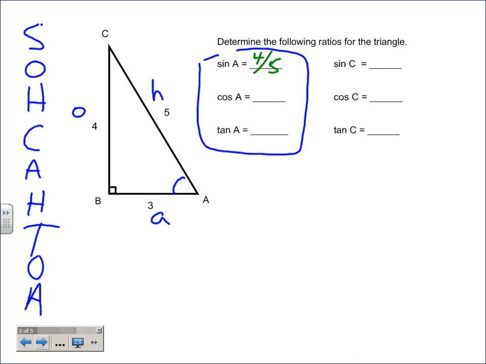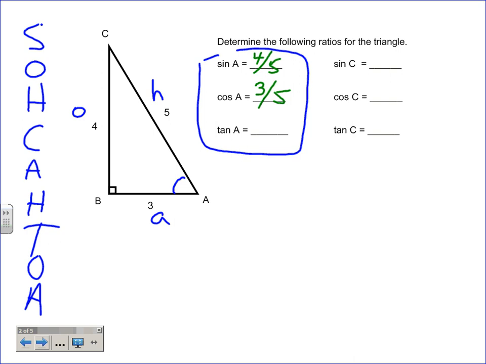Well, let's find out. Cosine here is the CAH portion, and that says A for adjacent and H for hypotenuse, correct? And so if I'm doing, again, angle A, adjacent is 3, and it says over hypotenuse, which is 5. So you notice they do come out slightly different. And how about tangent?